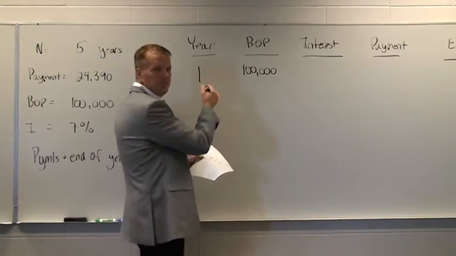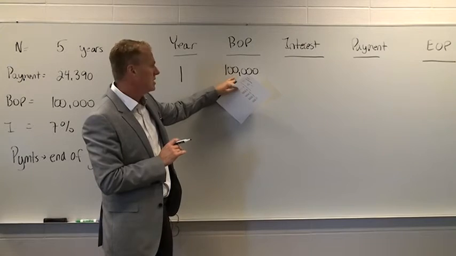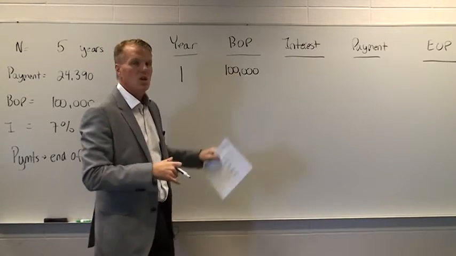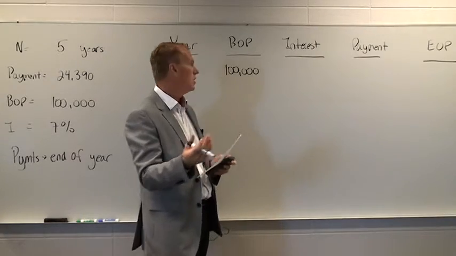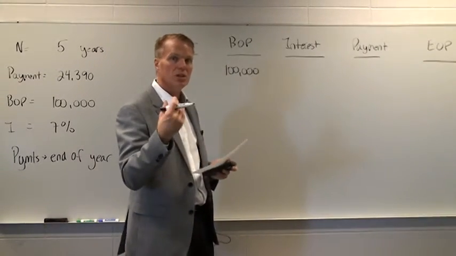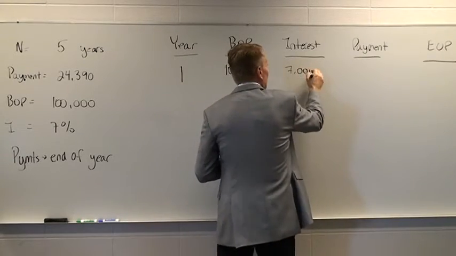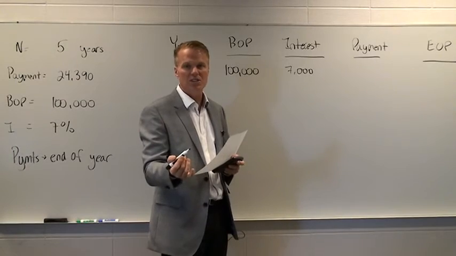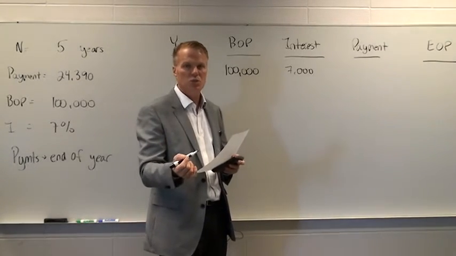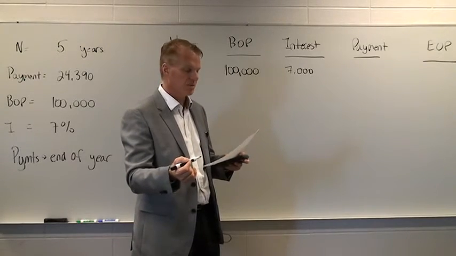So year one, our starting point: the beginning of period balance is $100,000. A full year goes by before we make any payments, so we have a full year of interest, which is simply $100,000 times our interest rate of 7%, that is $7,000.